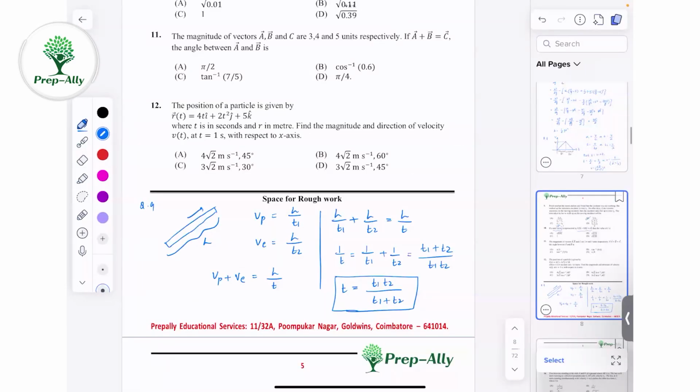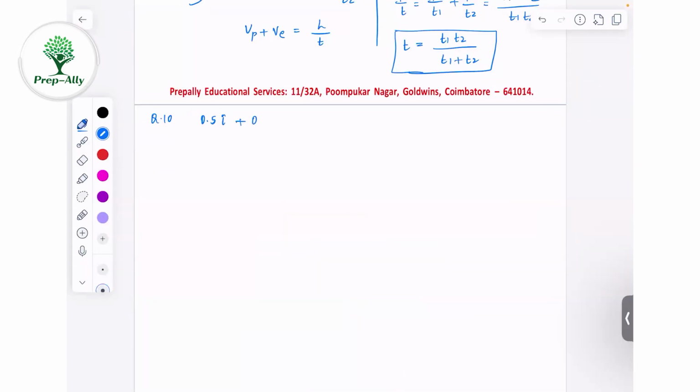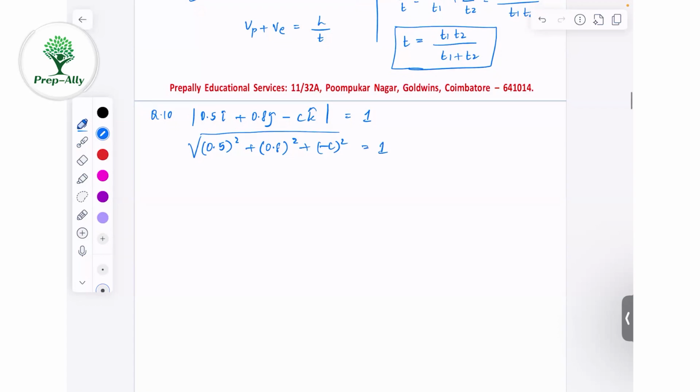The unit vector is given as 0.5 i cap plus 0.8 j cap minus C k cap. Now this magnitude is given as 1. This is a unit vector. So how do we get the magnitude of a vector? We square all the components: 0.5 square plus 0.8 square plus (minus C) square, under root. This root is equal to 1, which means the sum of all the squares is also 1.